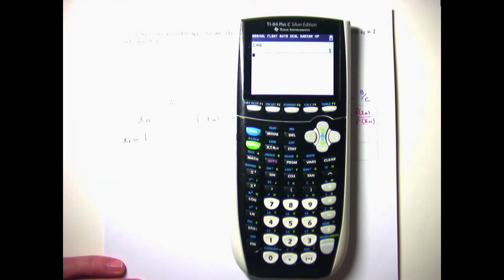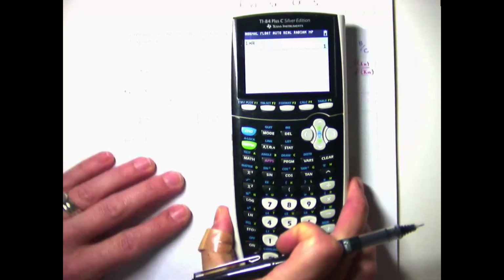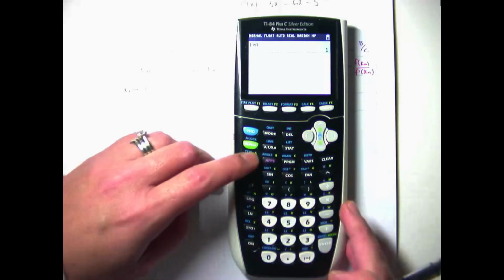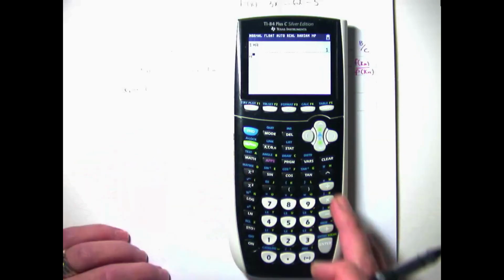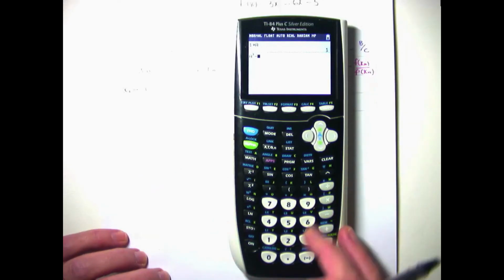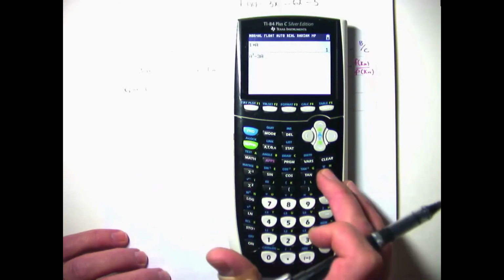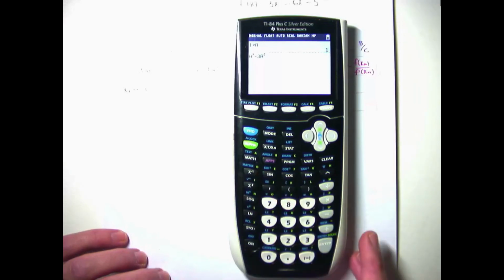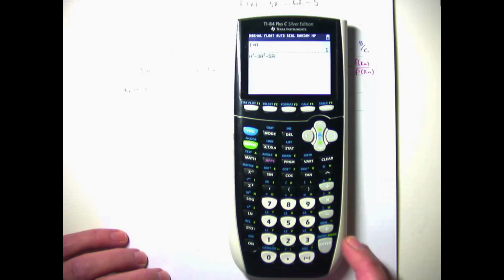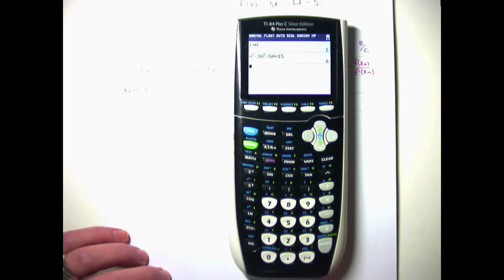All right, so now I'm going to type in the original function evaluated at A. The original function evaluated at A is going to be A cubed minus 3 times A squared minus 5A plus 15. I'm going to evaluate, that's equal to 8.